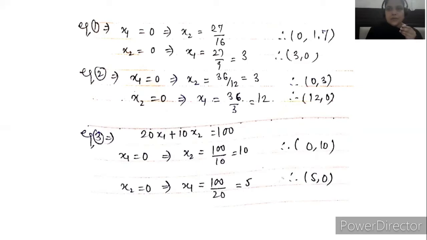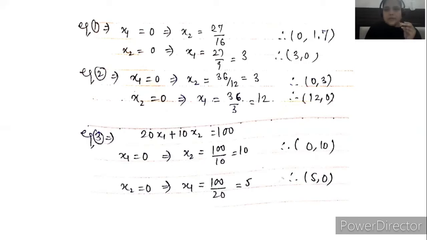Thus, coordinates so obtained are 0 and 1.7. x2 is equal to 0 results in x1 is equal to 27 by 9, that is 3. That means coordinates thus obtained are 3 and 0.